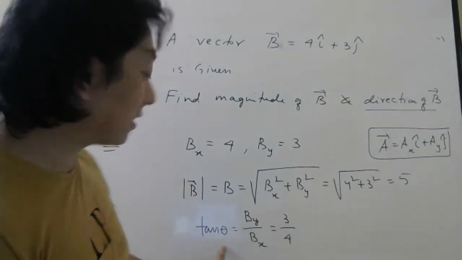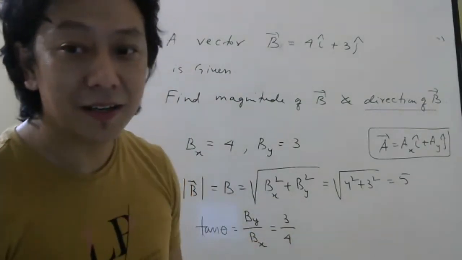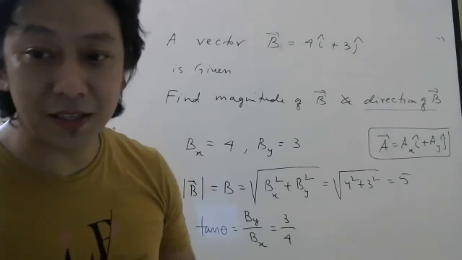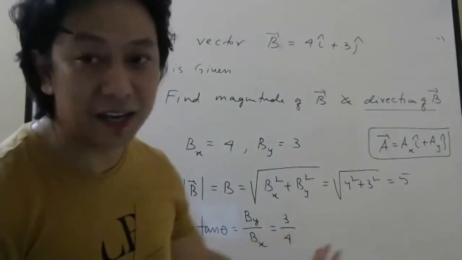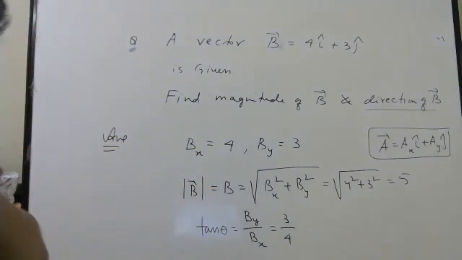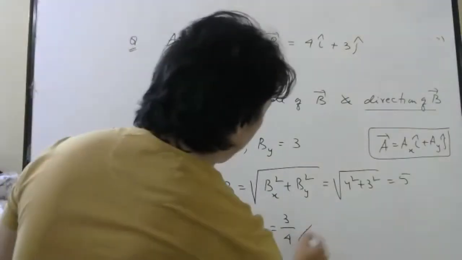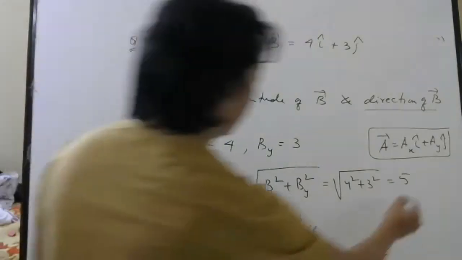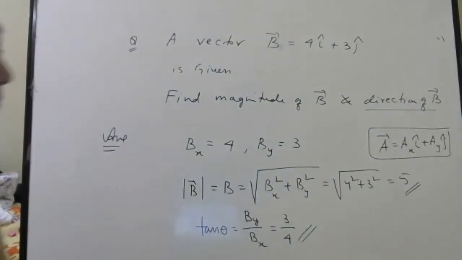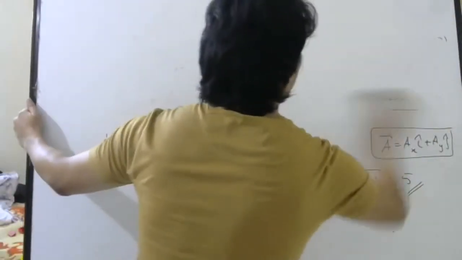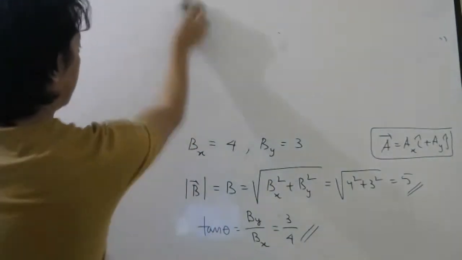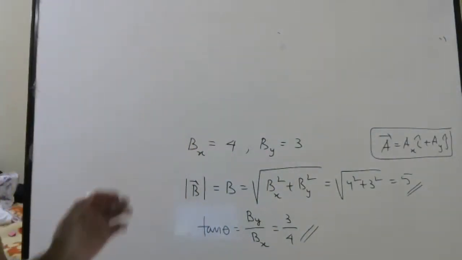And if tan theta is 1, theta will be 45 degrees, correct? But here we cannot tell directly, okay? So for direction, you can stop here only. This is the magnitude.